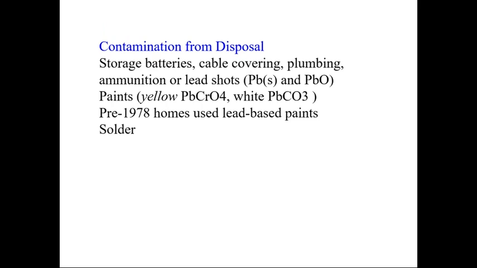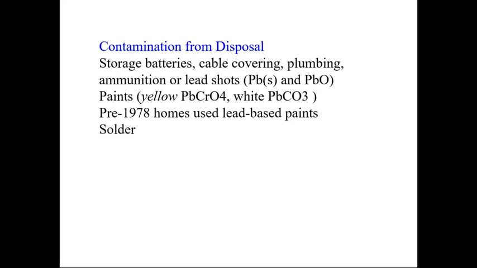So how does lead contamination occur? It generally occurs when storage batteries are disposed, from cable coverings that are disposed, from plumbing, that is the lead pipes, and the disposal of ammunition and lead shots. Paints contain lead chromate and lead carbonate.